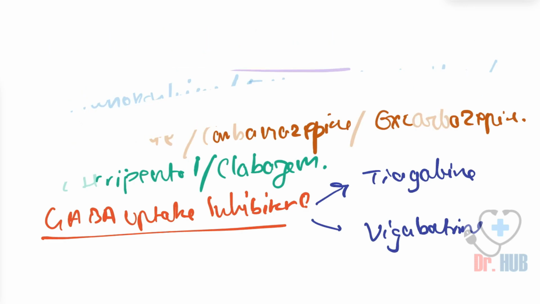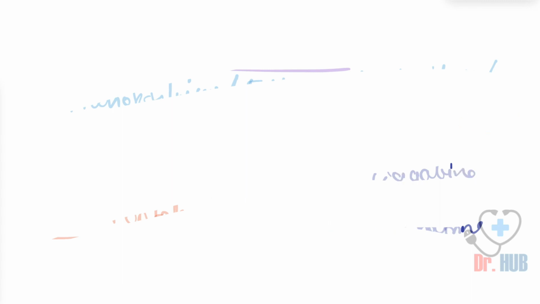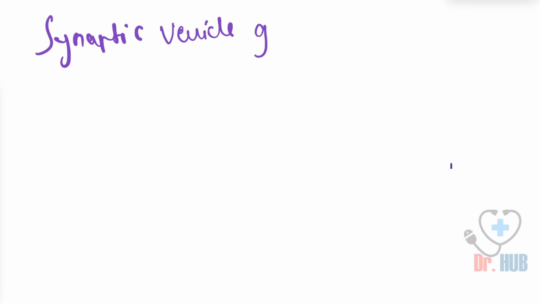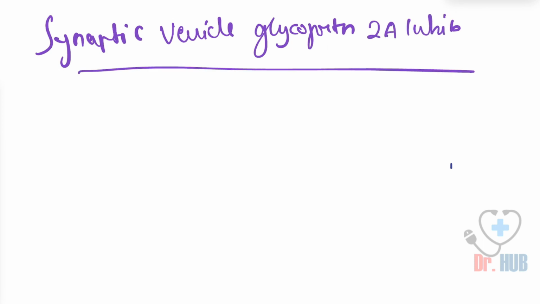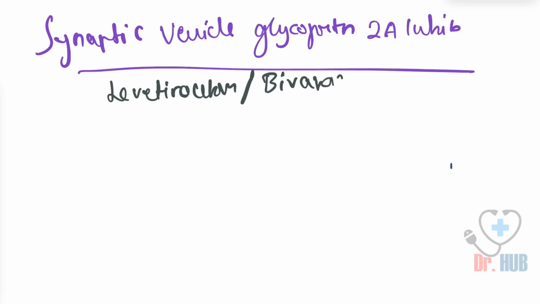Next we move on to the synaptic vesicle glycoprotein 2A inhibitors. So under this it includes levetiracetam as well as the brivaracetam.